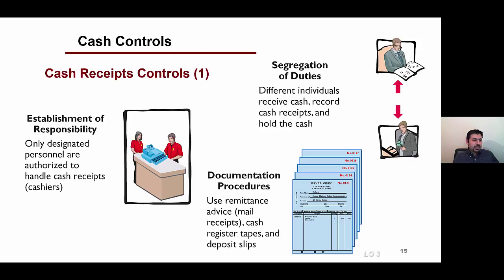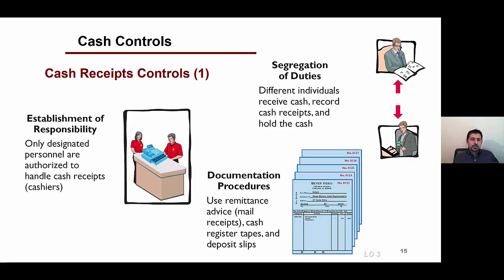So we have, again, establishment of responsibility. We need that to make sure that, for example, only one employee is responsible for the cash at a certain point of time, in order to make sure that if cash goes missing, we can trace it back to the person who is responsible for this.